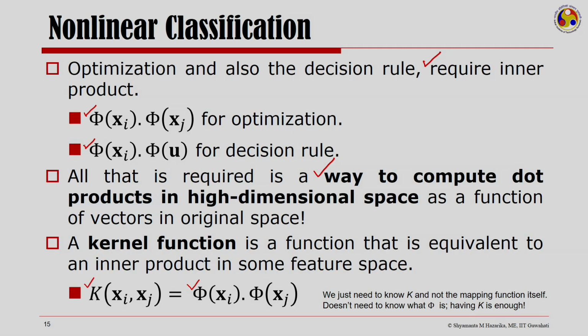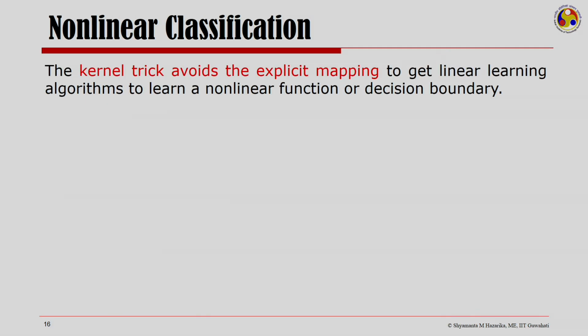Once you have the inner product in the feature space, we do not need the explicit function that has mapped from one feature space to this feature space that we are currently dealing with. So, the kernel trick avoids the explicit mapping to get the linear learning algorithms to learn a nonlinear function or decision boundary, and this is very, very important.